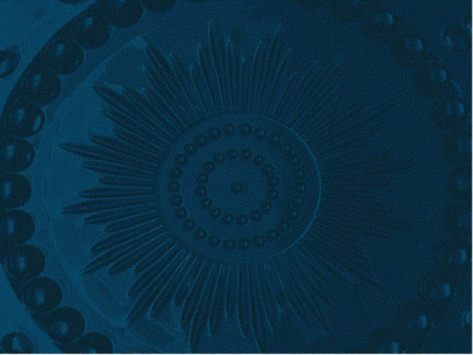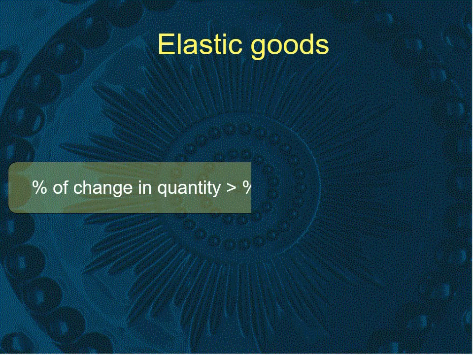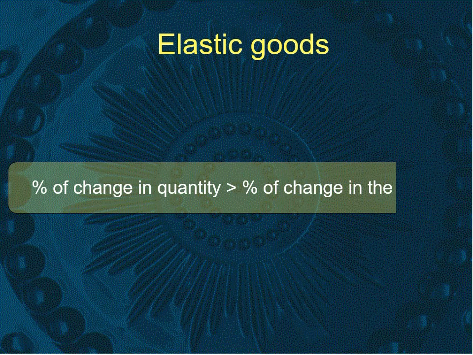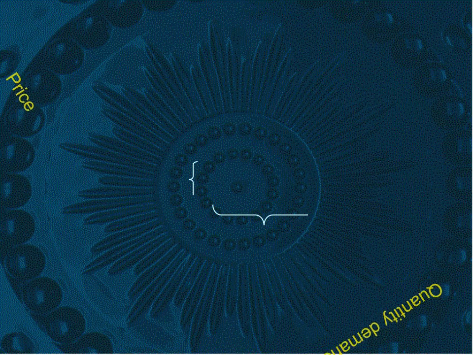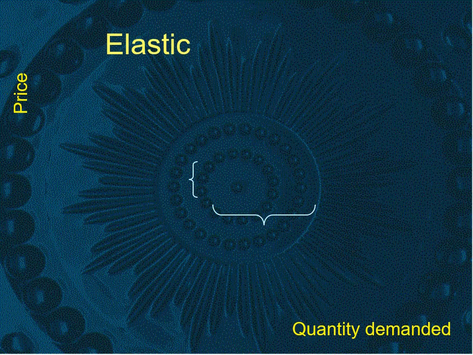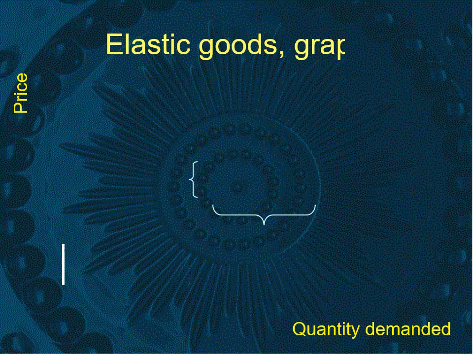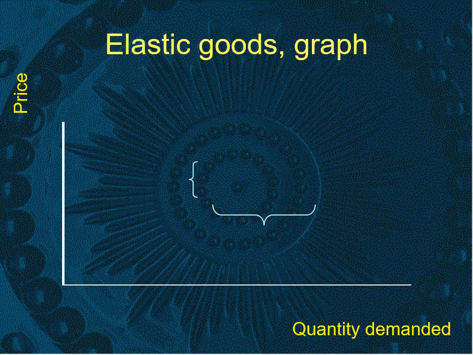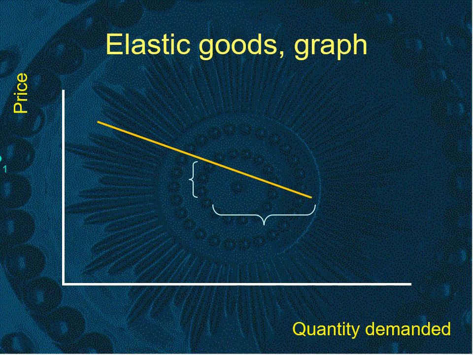The demand of a specific product is elastic if the quantity demanded changes by a larger percentage than the associated change in the product price. To illustrate that in a graph, let's assume we have demand curve as shown in the figure. Look at the change between price 1 and price 2 in terms of percentage, and look at the change between quantity 1 and quantity 2 in terms of percentage also.